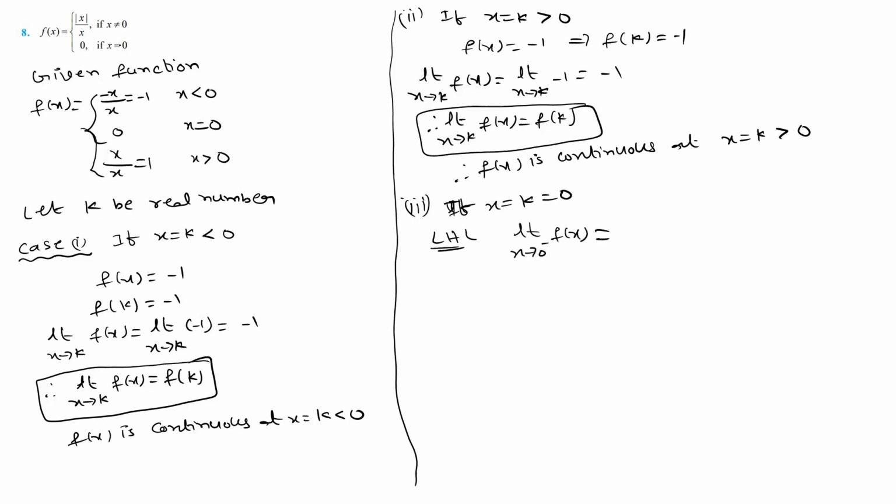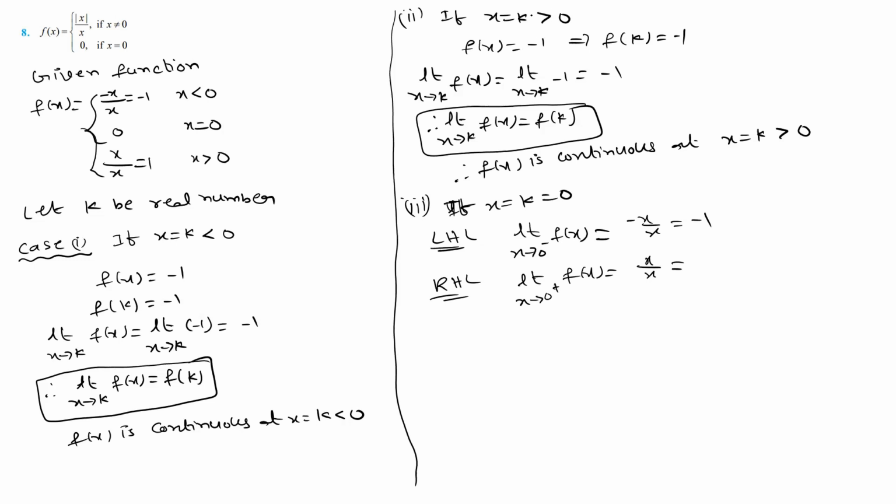Here f of x is modulus x by x, and for 0 minus it is minus x by x, which is minus 1. Next, the RHL is limit x tends to 0 plus f of x, where we get plus x by x, which is plus 1.